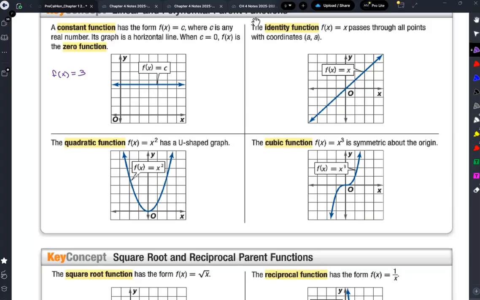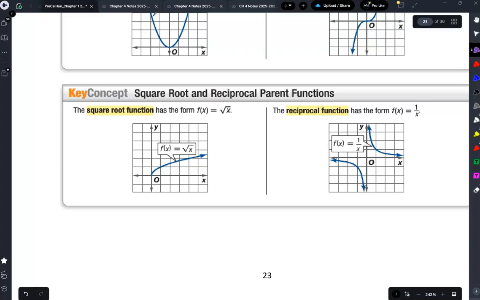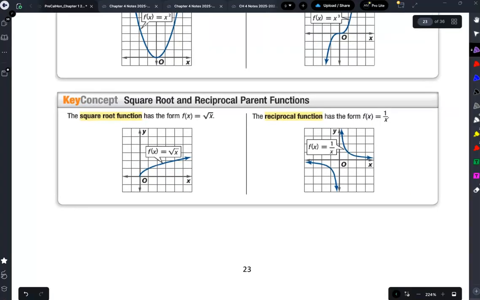Okay, so then let's move on and talk about a square root function. Also, we've seen that before, looks like this. The square root function is important because we know that the square root of a negative number does not give a real solution, right?